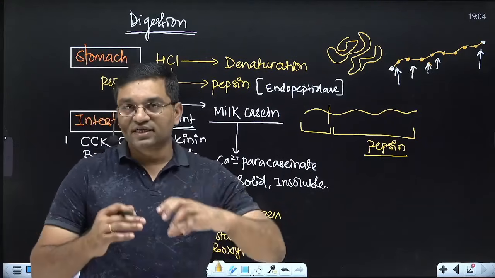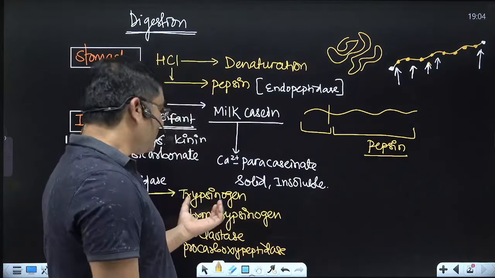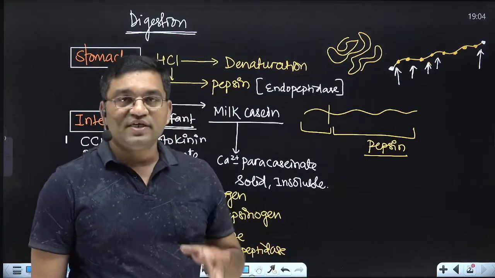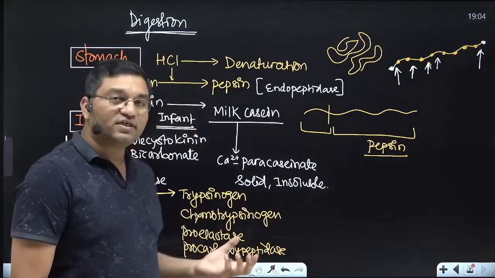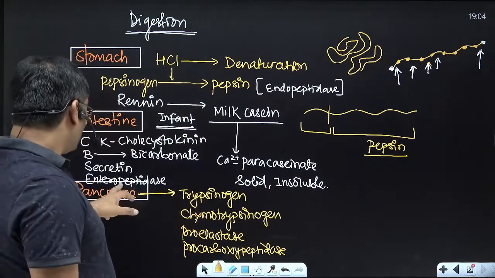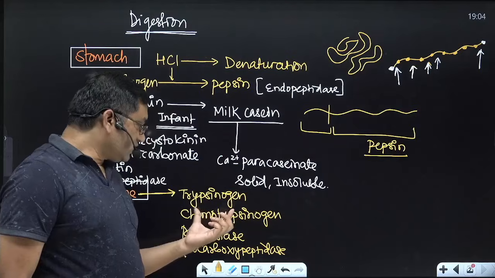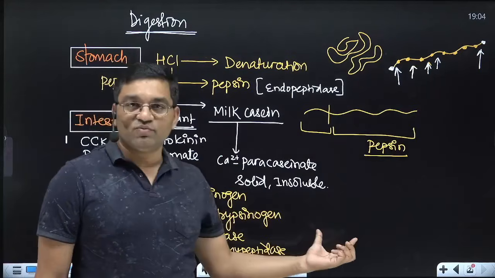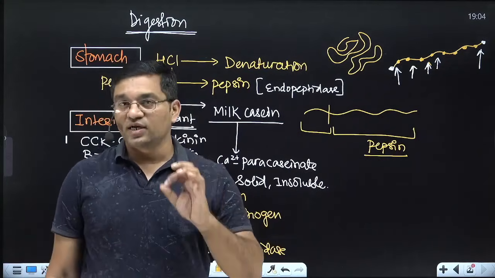They are secreted as inactive zymogens, inactive enzymes. And by limited proteolysis, these latent enzymes are converted into their active form. So first enteropeptidase causes the conversion of trypsinogen into trypsin. Then trypsin causes the conversion of chymotrypsinogen into chymotrypsin, proelastase into elastase, procarboxypeptidase into carboxypeptidase.